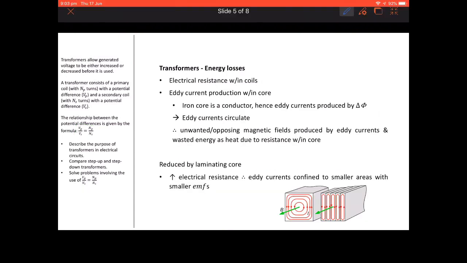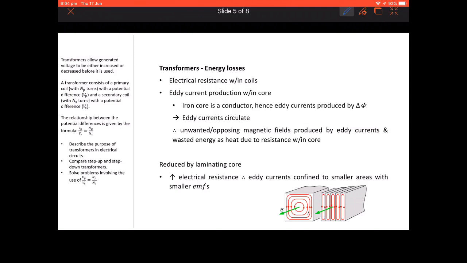So just touch on energy losses within transformers. There's electrical resistance within the coil, so as a result energy will be lost as heat, but there's also energy lost via eddy currents which are produced within the iron core. Because the iron core is a conductor, eddy currents will be produced by the change in magnetic flux within that conductor.